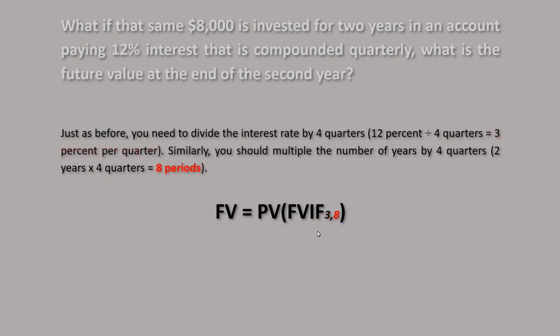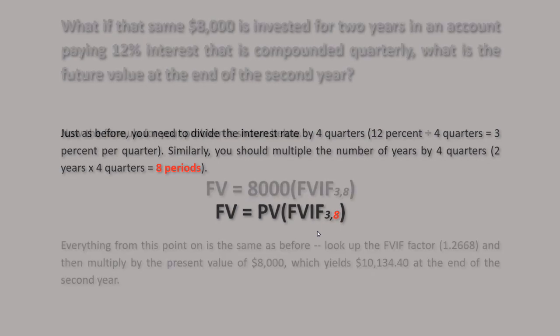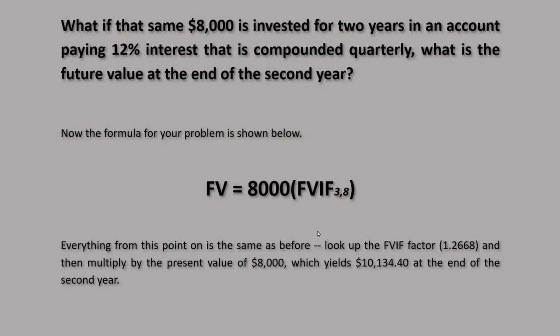Here's the thing, though. You have to multiply the number of years by quarters. So you see in that second part, you've got 2 years by 4 quarters is 8 periods. That's where it differs. The percentage per quarter stays the same. The number of periods expands to 8 periods. So now you've got your formula.